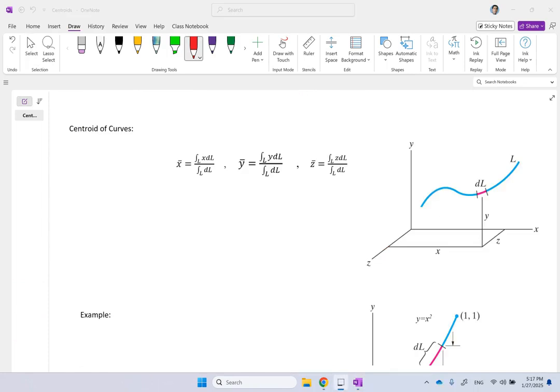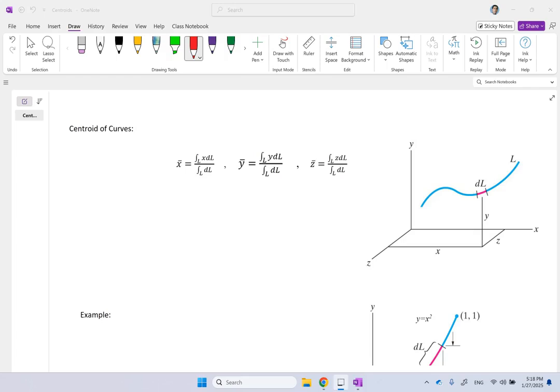So can we go to lower or higher dimensions or lower and higher dimension shapes? Yes. So instead of an area, you can have basically a line, and you can find the center of a line. Now, this is important in applications where you have to deal with this 1D kind of shapes. Okay? So here, if I have an arbitrary curve, y as a function of x, or z as a function of x and y.